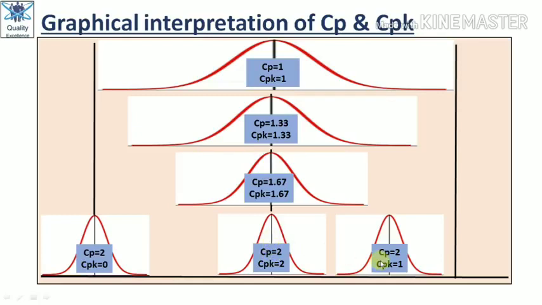Here it is within the specification. It is lying within the specification, so it is 1. And in this case, the process mean is on the lower specification limit. That is why CPK is 0. And further, if this process mean will go outside, then the CPK will be in negative form. So this is a graphical interpretation of CP and CPK.